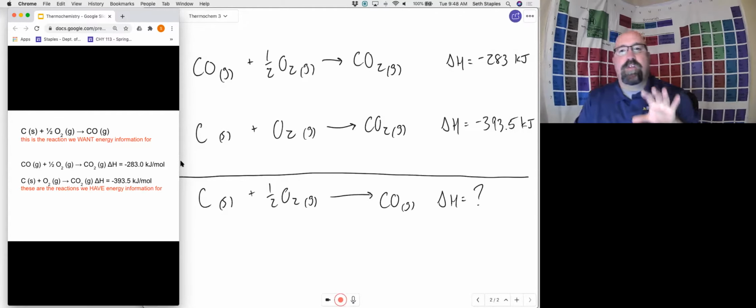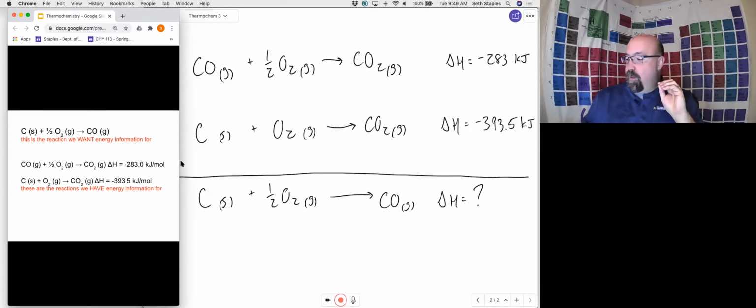And so when you're doing a Hess's law problem, what we now want to do is manipulate our two given equations however we have to, so that what we're left with is what we're looking for in our target equation. We want to manipulate them in such a way that up here we have all reactants in our target over on our reactant side, and all products in our target over on the product side, and anything that does not appear in our target equation must cancel out of our given equations.